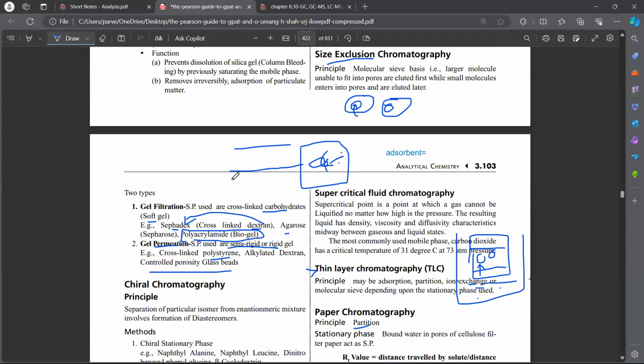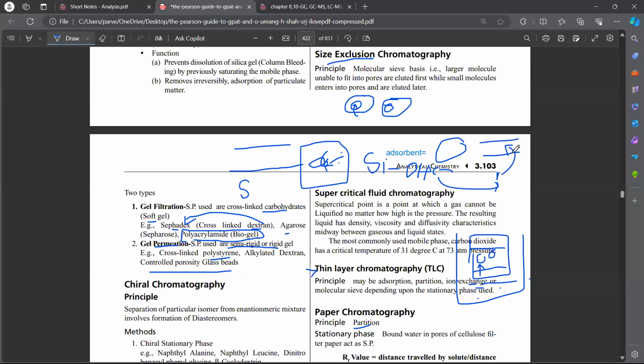In order to convert the polar silica into non-polar silica, we do one step, which is known as silylation. We do the step silylation, where the silica consists of OH groups. As we know, it is made up of Si and the OH group. So by adding silylating agents, we convert this polar silica into non-polar silica, and this non-polar silica is then packed into the columns.